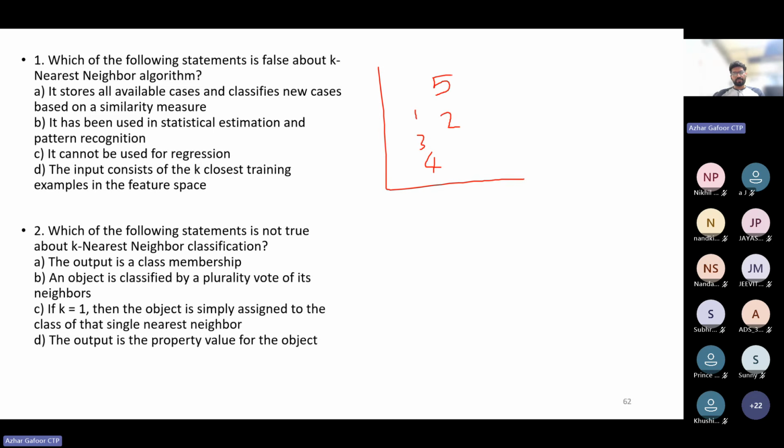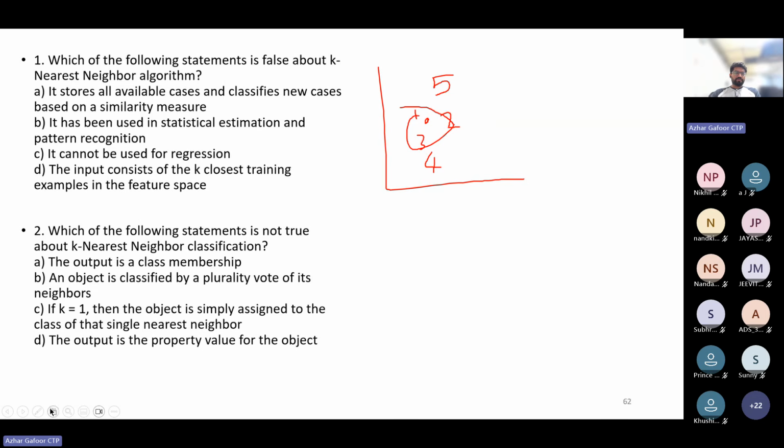So these are the actual function values. Then if one point comes here, and we choose K to be 3, then it will take the average of the nearest values. So that is how the regression works when using the KNN algorithm.